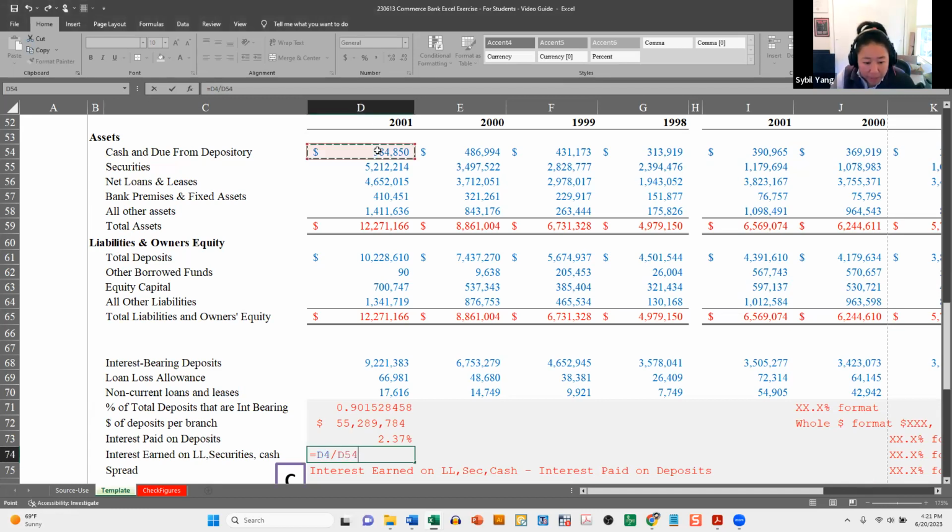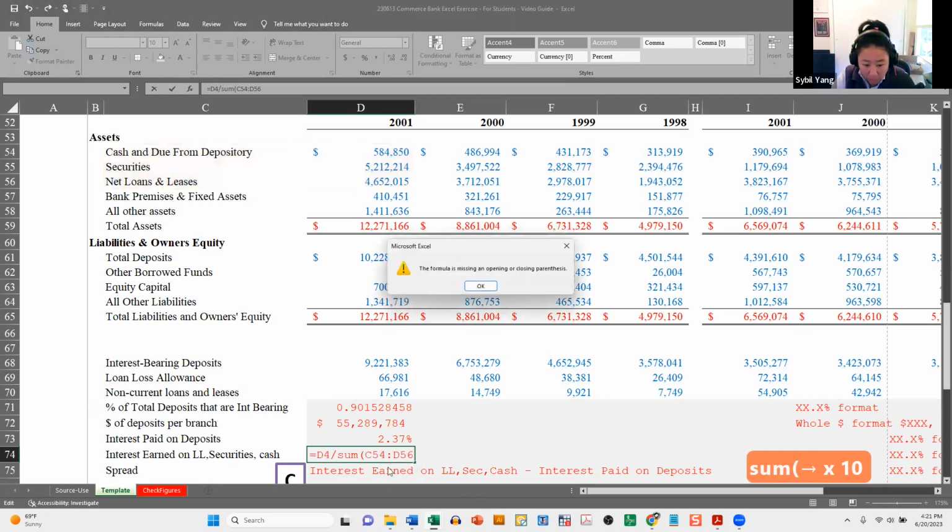It's these three things: the cash, the securities, and the net loans and leases, because this is what I'm earning interest off of, presumably. So the way you would do this is sum, and then you would select those cells.